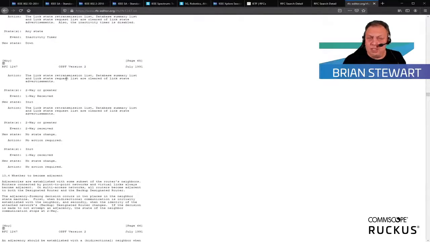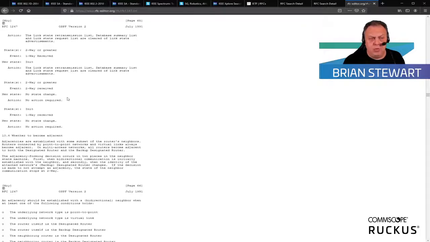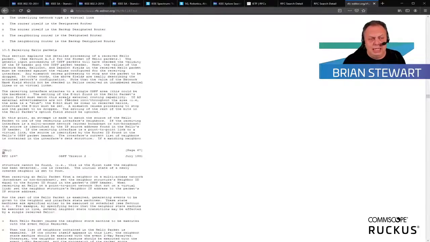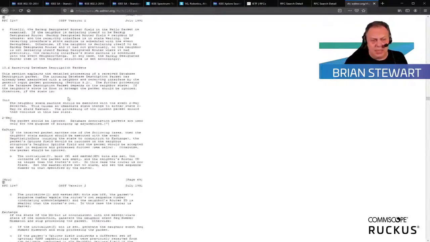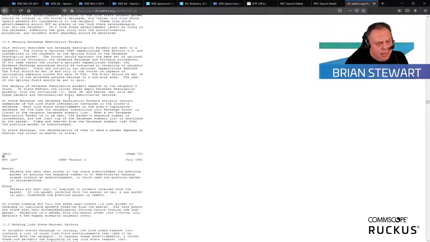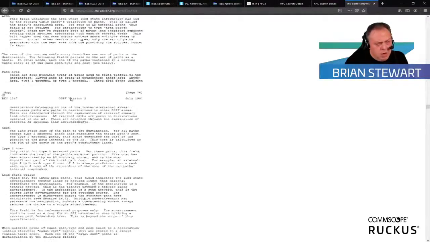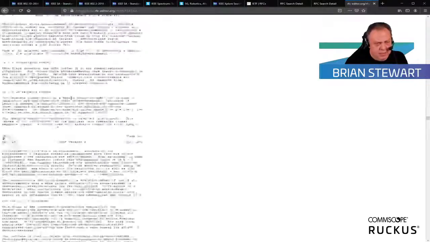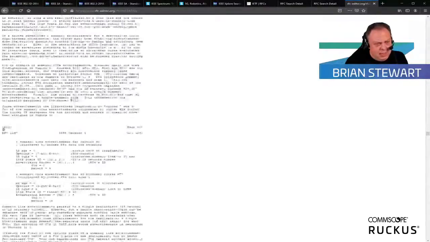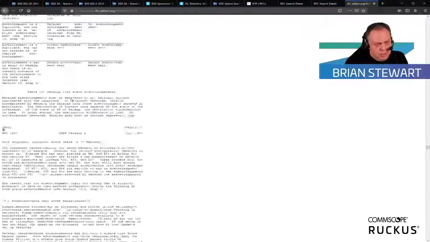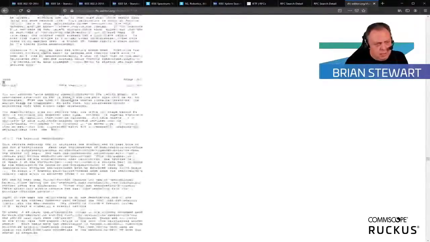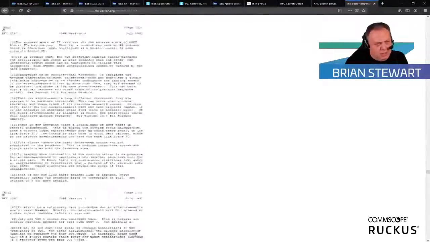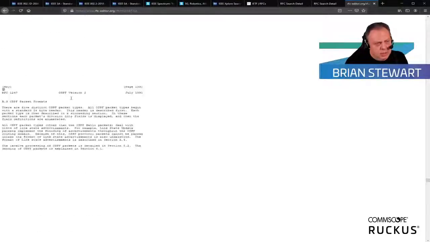This shows the different states right here that they go through and what occurs in each of these states as they're beginning to communicate. And most RFCs with something like this will also, if you keep scrolling down, show examples of packet formats, usually towards the bottom.